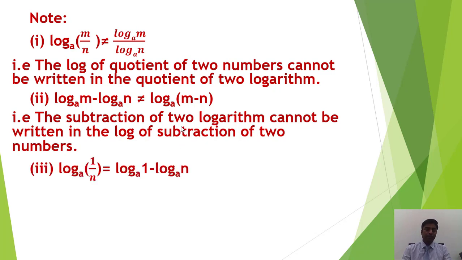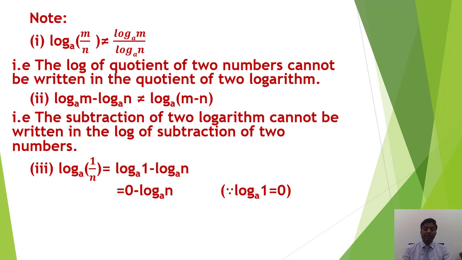The third note is log 1 divided by n to the base a is equal to log 1 to the base a minus log n to the base a. Log 1 over n to the base a is equal to 0 minus log n to the base a, because log 1 to the base a is equal to 0.